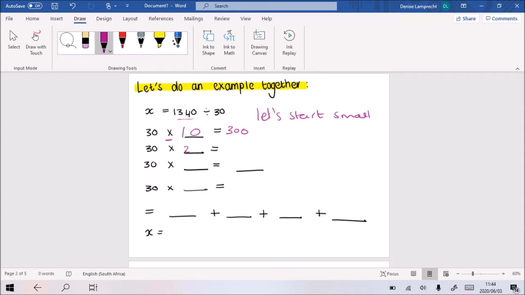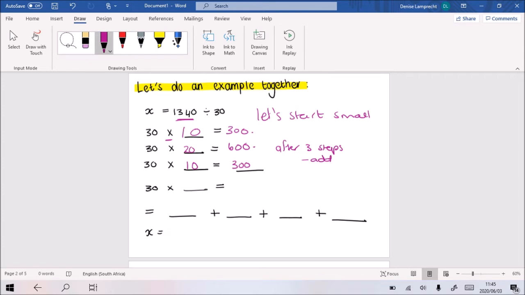30 times 20 equals 600. 600 plus 300 equals 900. That is still quite far from 1340. So let's say 30 times 10 again. That is 300. After 3 steps, we add.